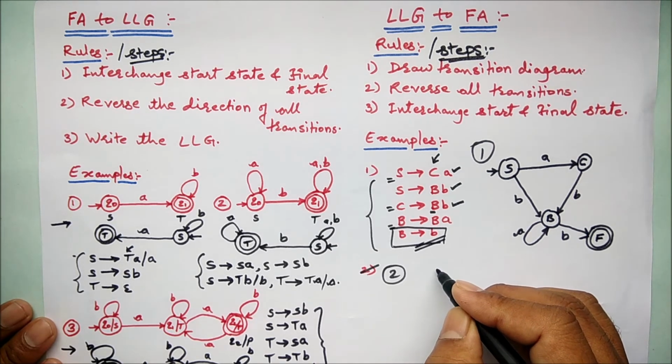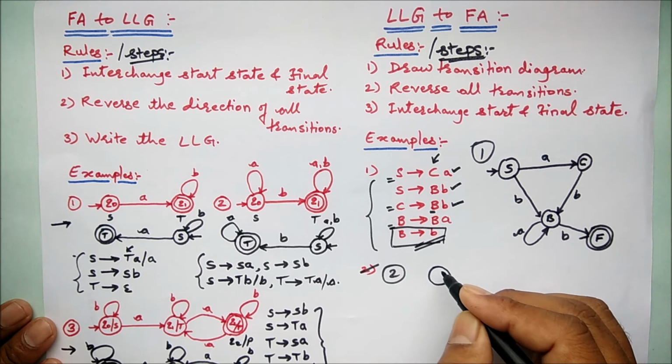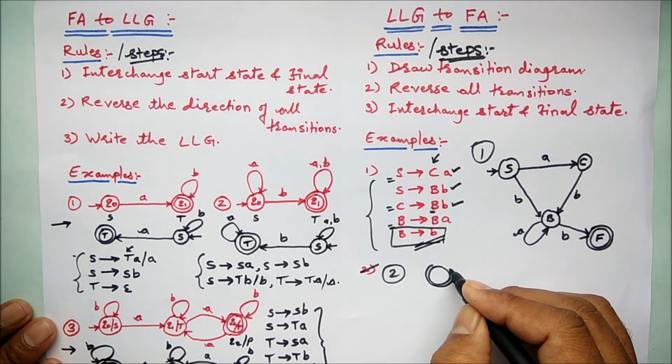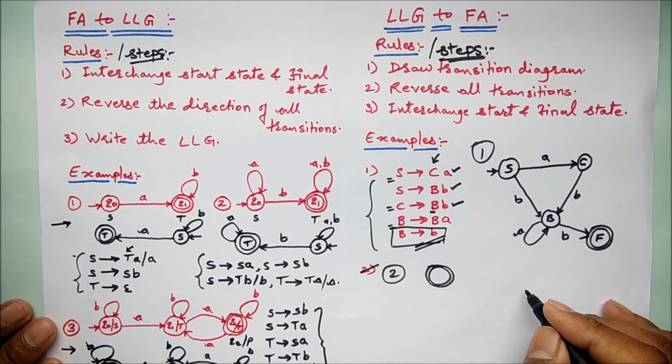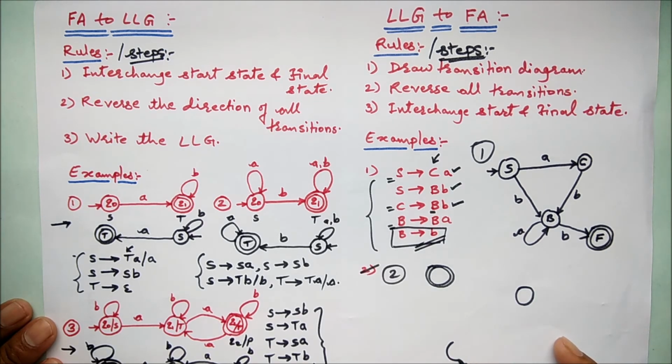And as this is my initial state, I have to make it a final state, and this remains the intermediate state as it is, and this I will make an initial state. As this was the final state, I will make it initial state, right? So now I have to transit from initial state to final state, by reversing the directions, my dear friends.